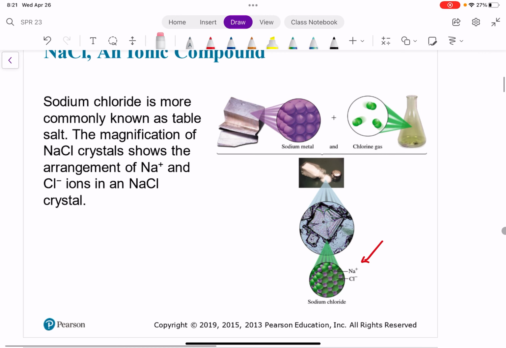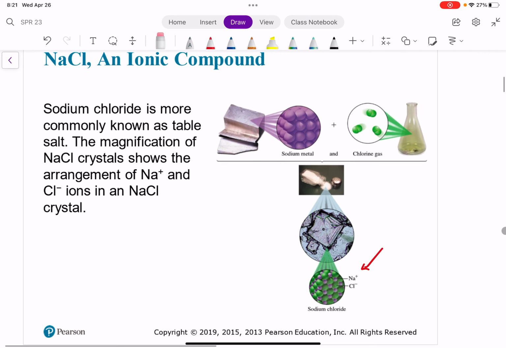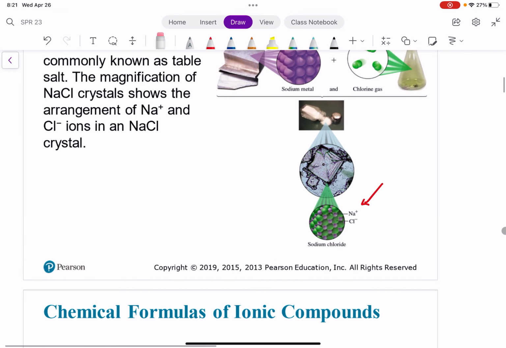Okay. And you'll learn more about that in the future. So sodium chloride is more commonly known as table salt, and you can see the arrangement of those ions in an NaCl crystal, or a sodium chloride crystal. And that's why it has that kind of crystalline look to it, if you look really, really close, like in this picture here.